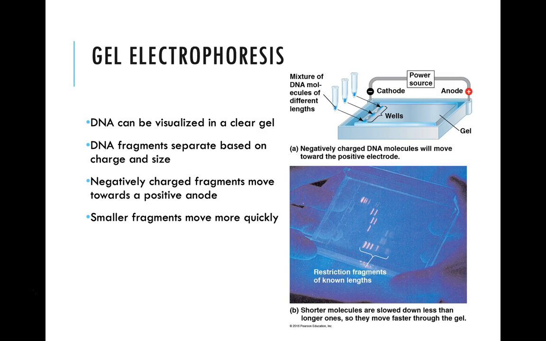So when you apply a current to it, it pulls the DNA towards the positive anode in your electrophoresis chamber. These DNA molecules then separate by size, the smaller ones moving faster than the larger ones. So you use the charge to separate the DNA fragments, and you can visualize them very nicely.